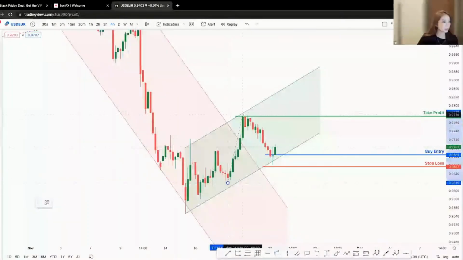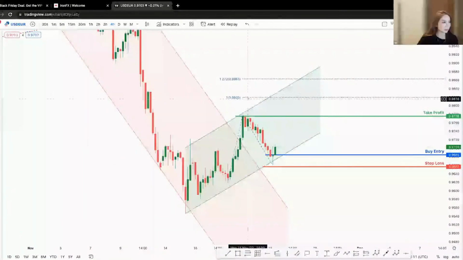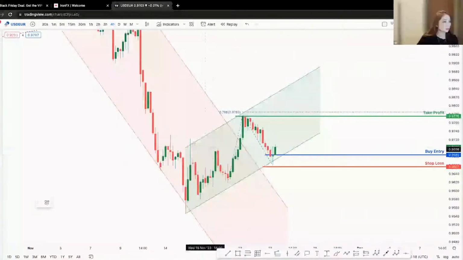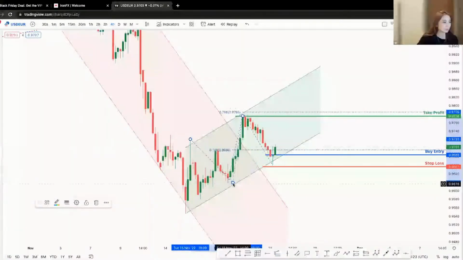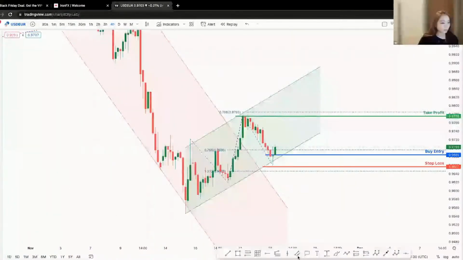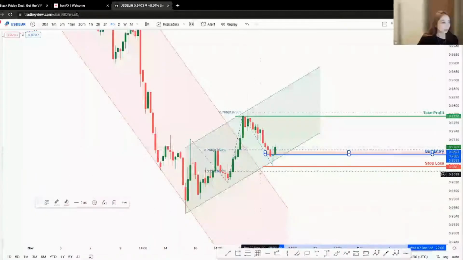Let's use Fibonacci projection, looking at a 78.6%. Yeah, there we go. We have a 78.6 for the buy entry, and looking at 1.272, which is 127.2.